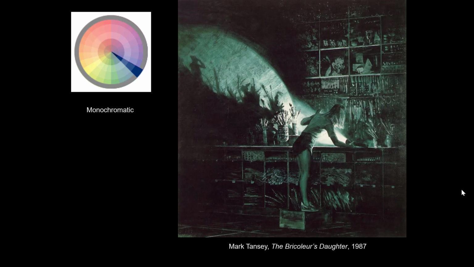A lot of Mark Tansey's work will either be this color scheme or a sort of sepia tone that also looks a lot like a photograph. When we're thinking about that, what we then realize is that he's doing it to trick us. We have an image that partly because of that monochromatic photo-like coloring makes us believe it, at least initially.